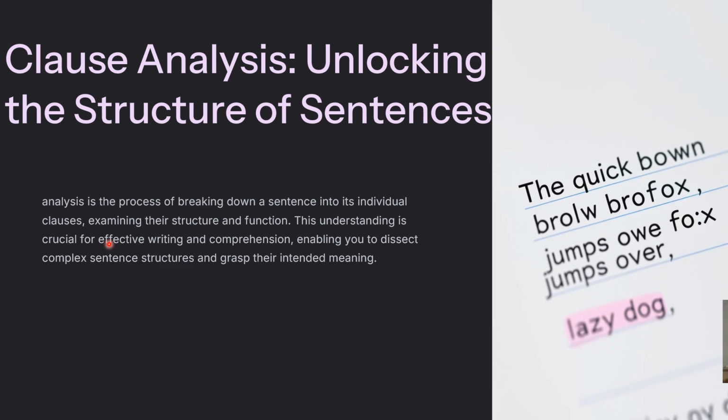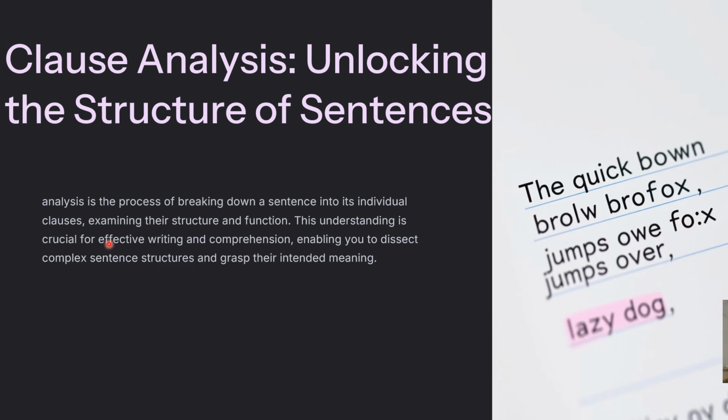I will repeat it again: it means breaking or dividing a sentence into smaller parts called clauses in order to see how it is built and how its ideas are connected.